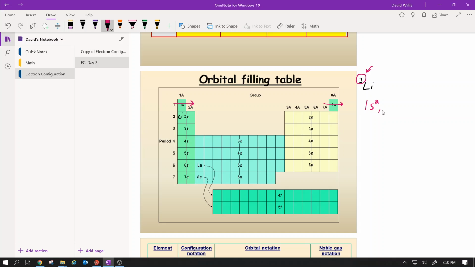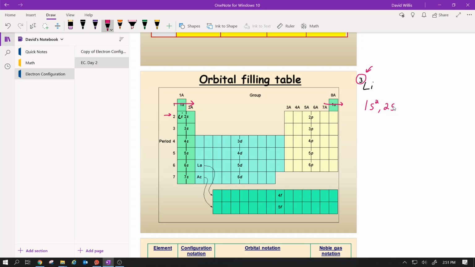So where will I put my next electron? Well, I don't have any more orbitals and no more sublevels on the first energy level. So I need to go on to my second energy level. And in my second energy level, I'm going to start with 2s. Now, how many will the s hold?